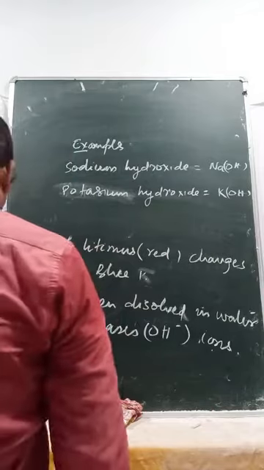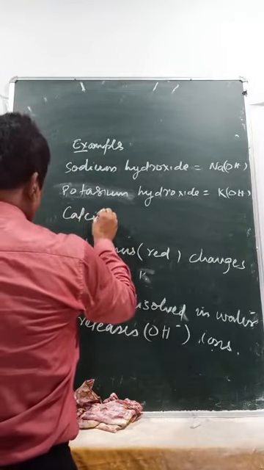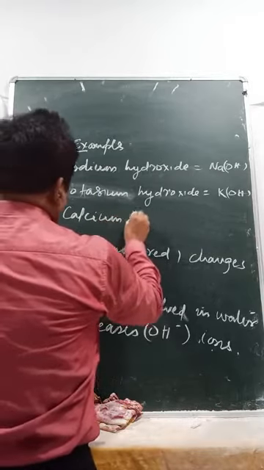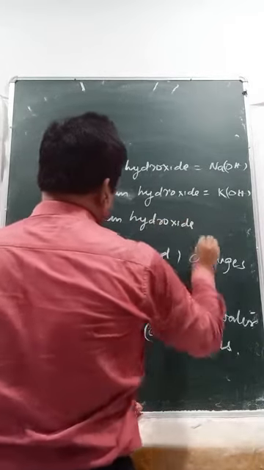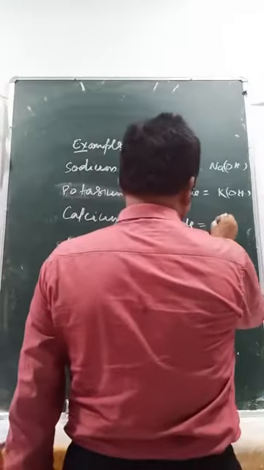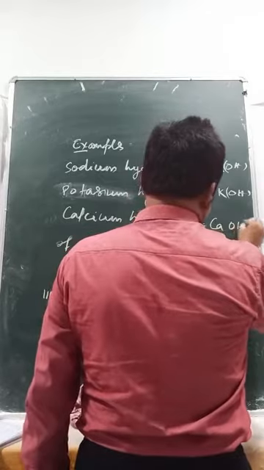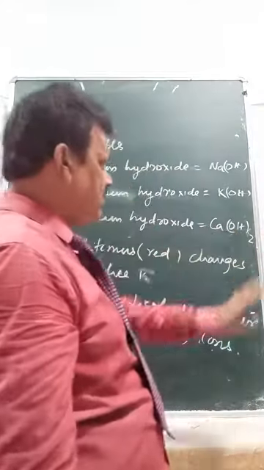Okay. Then comes calcium hydroxide. Calcium valency 2, hydroxide required, so we need 2 OH for calcium: Ca(OH)2.